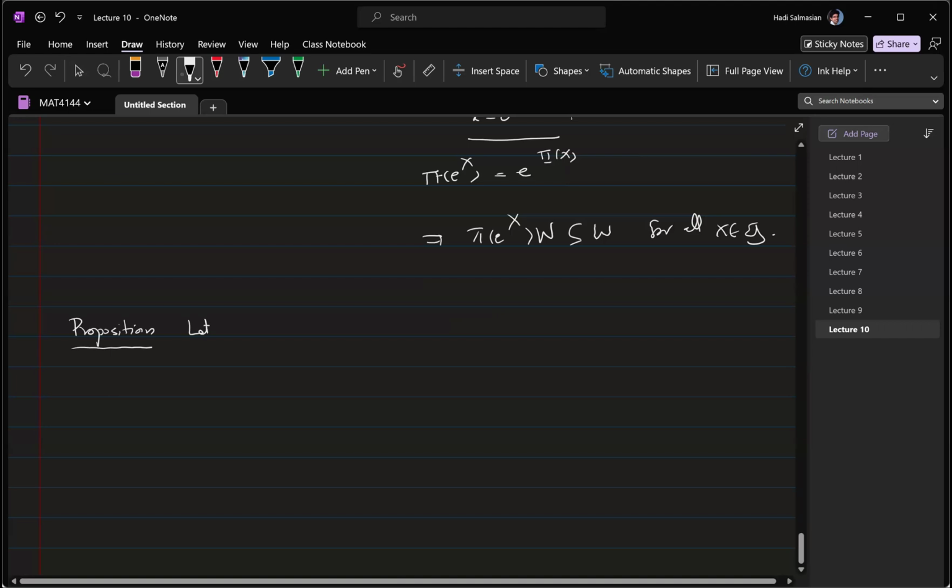So let G be a real algebra, and let pi going from G to GL(V) be a representation. I abbreviate representation to rep, of G, lowercase g, on a complex vector space.